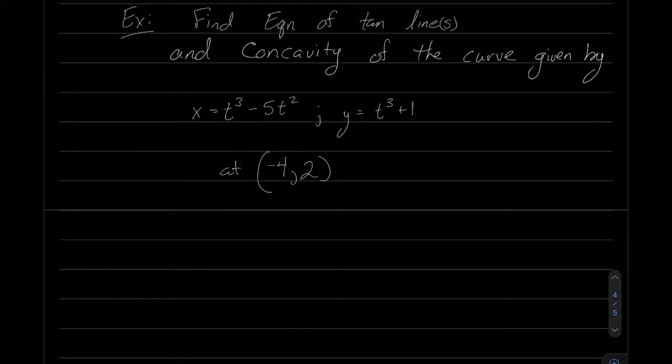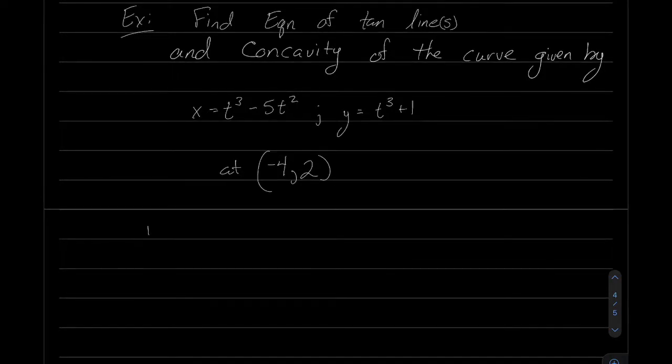For our final example, let's find the equation of the tangent lines, if any, and concavity of the curve given by t cubed minus 5t squared in our x component and t cubed plus 1 in our y component, which is the same one that we had before, except we have a different point. We have negative 4, 2.